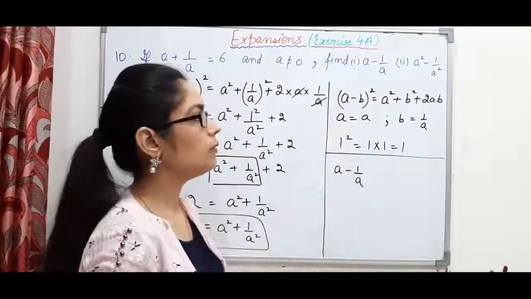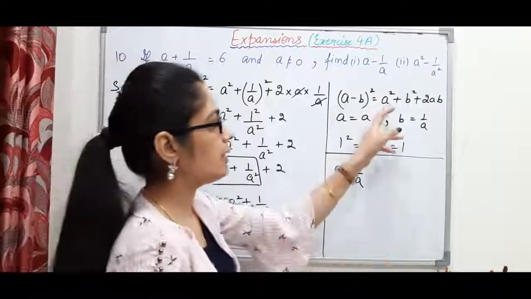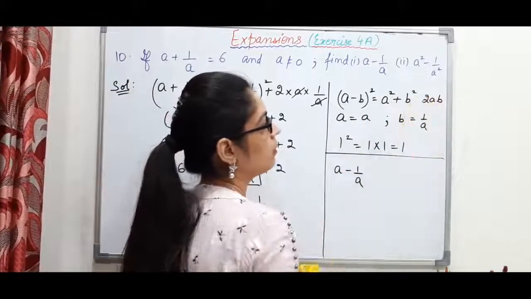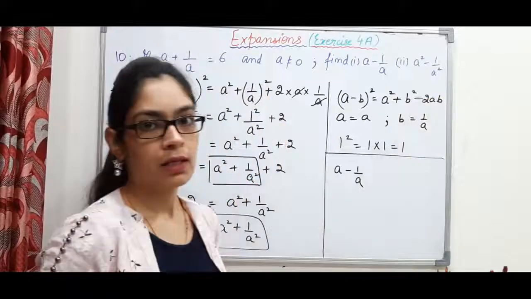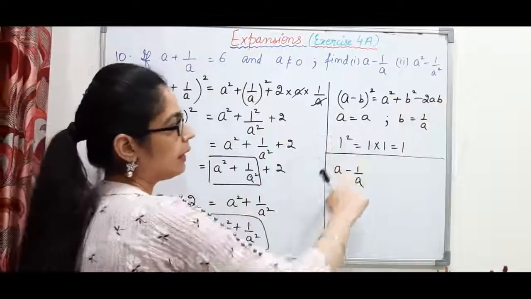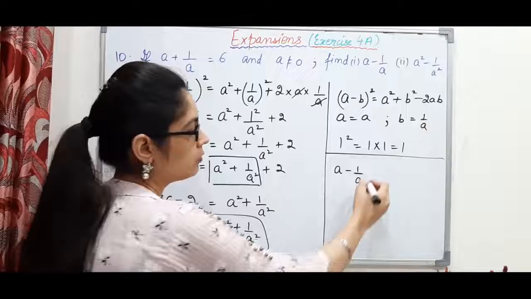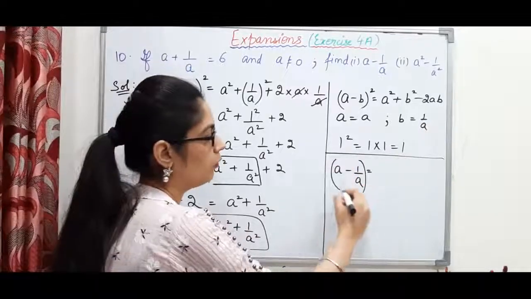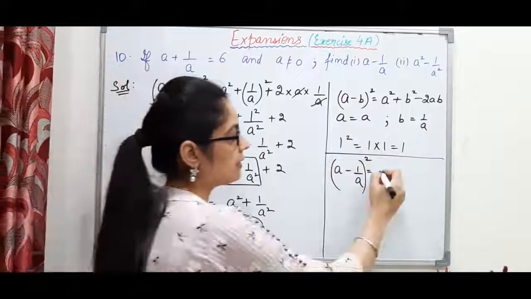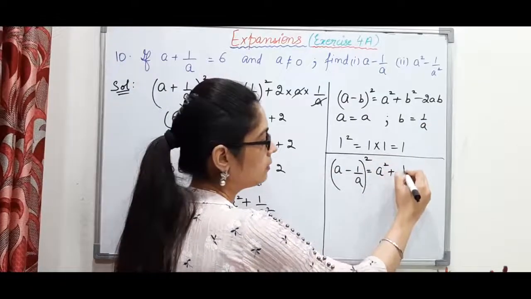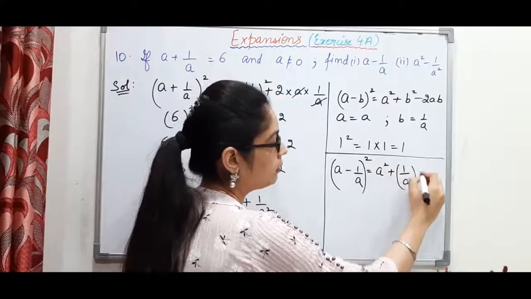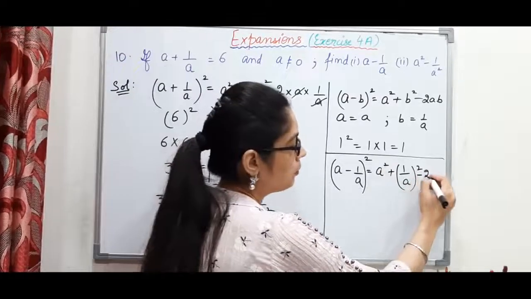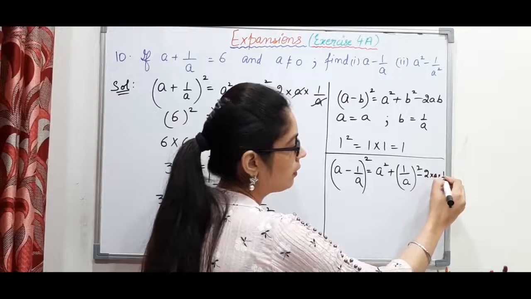So (a minus b) whole square we have to use, which is a square plus b square minus 2ab. So a is a and b is 1 by a. If I do its expansion of the whole square, it is a square plus 1 by a square, plus b square, minus 2 into a into b.